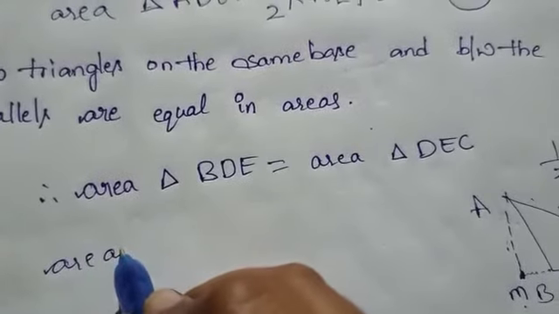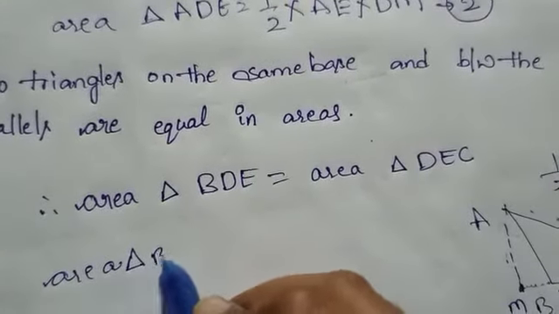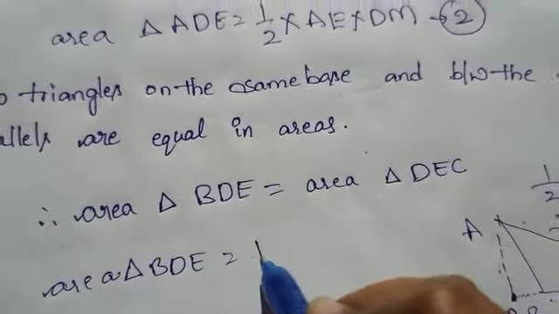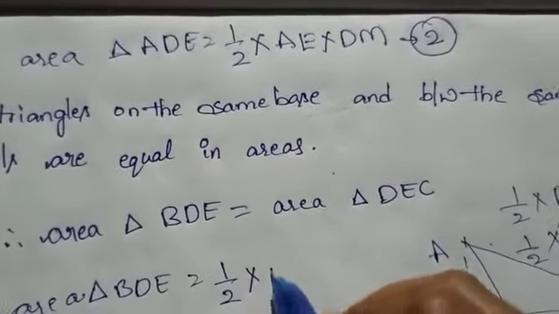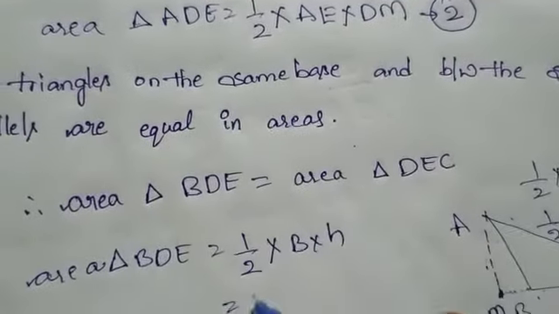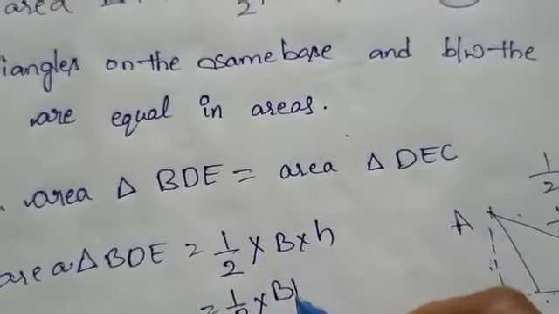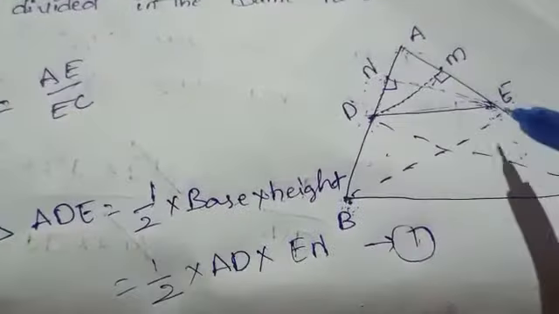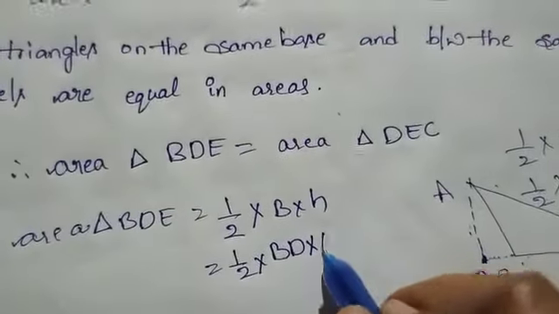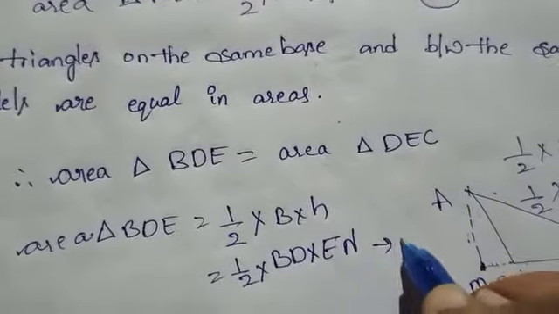Area of triangle BDE equal to half into base into height. Half into base is BD, height is EN. Okay, this is the equation 3.